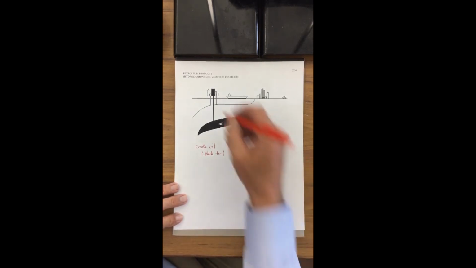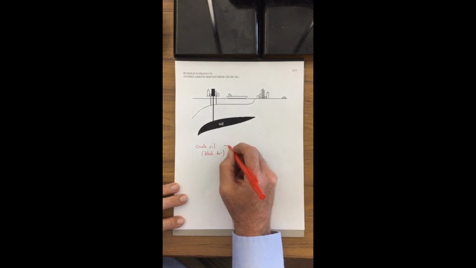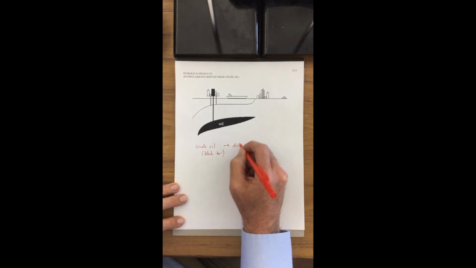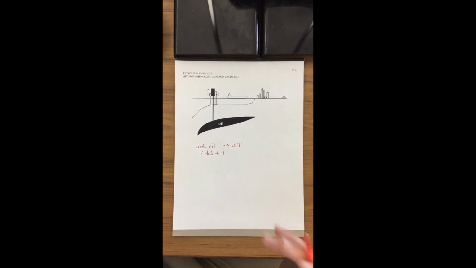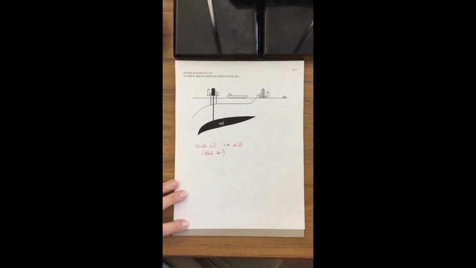How do we get to it? Well, we have to drill down to get to it. So we have these towers or platforms that do this drilling. These platforms are over the ocean, and also the towers that you might be familiar with from old videos, drilling down meters into the earth.